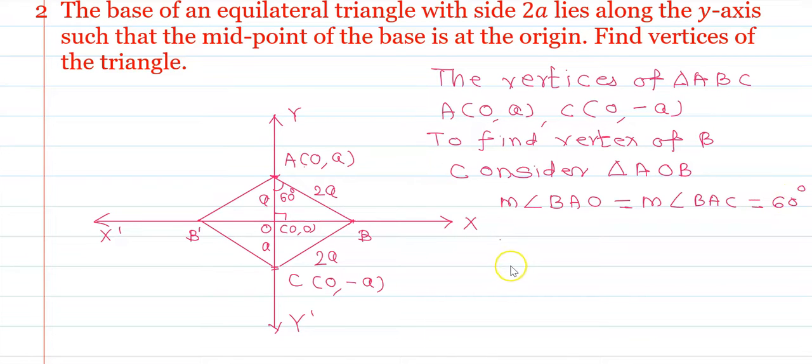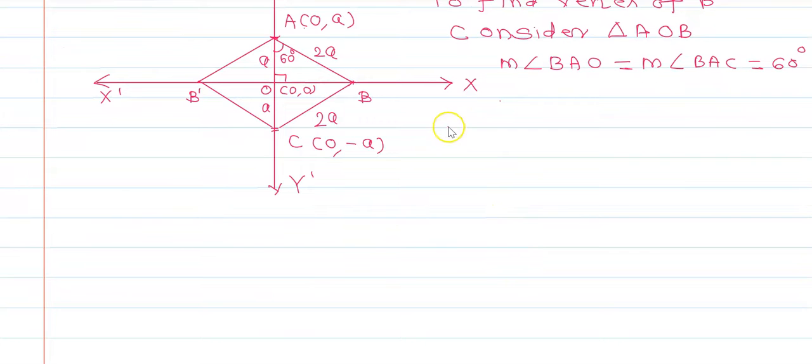These are the angles of the equilateral triangle, and therefore in triangle ABO, the side opposite to angle 60 degrees is root 3 by 2 times the hypotenuse. Therefore, OB is equal to root 3 upon 2 into AB.